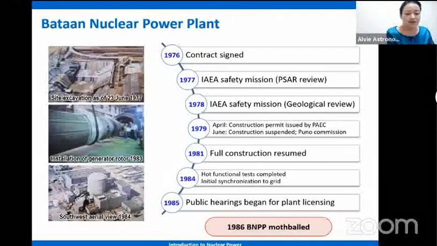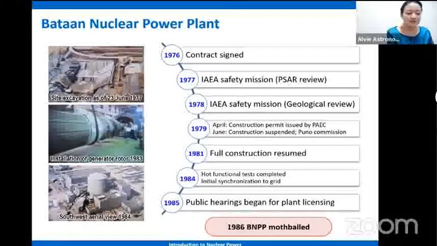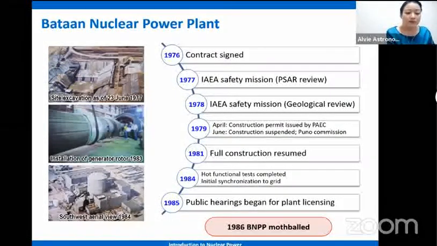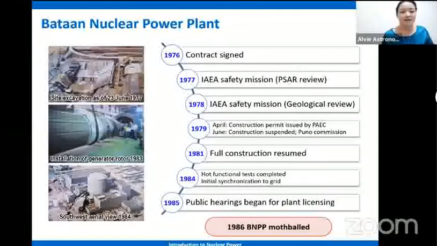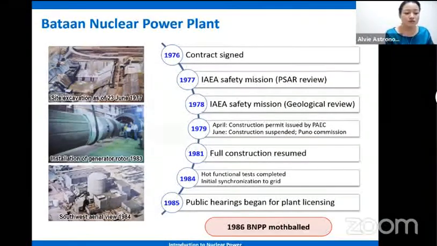By 1978, there was another IAEA safety mission for the geological review of the site. In April 1979, the Philippine Atomic Energy Commission, which is now the PNRI, issued the construction permit. But you know what happened in 1979: Three Mile Island, and that stopped the construction.